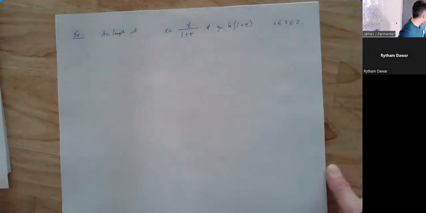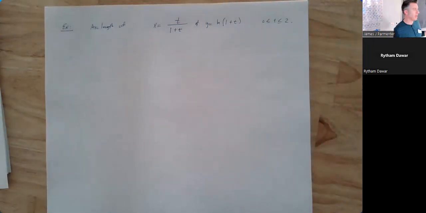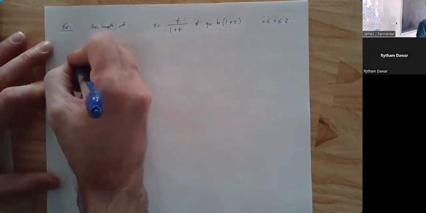So this is where we're finally getting back to what I said way back when we were talking about arc length, how there's a third arc length formula. So here are your 3 arc length formulas.